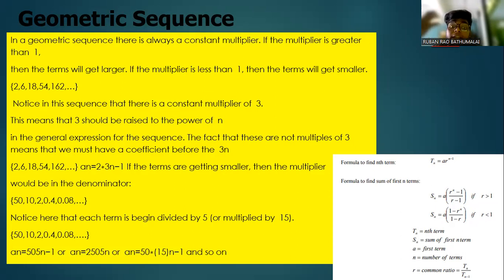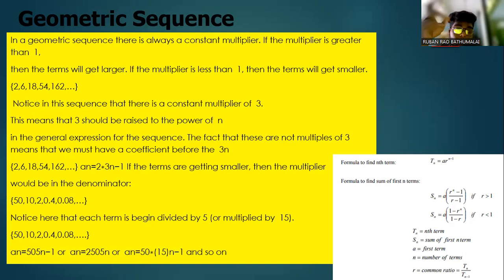Each term is divided by 5 or multiplied by 1/5. When you work out how to get from 50 to 10, 10 to 2, 2 to 0.4, you find that each is multiplied by 1/5 or divided by 5.